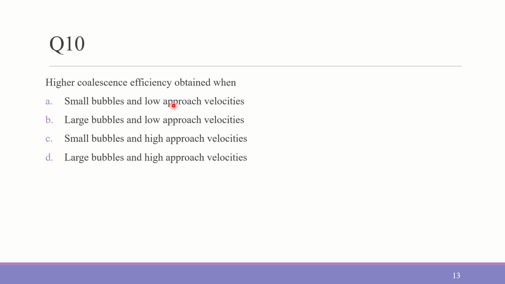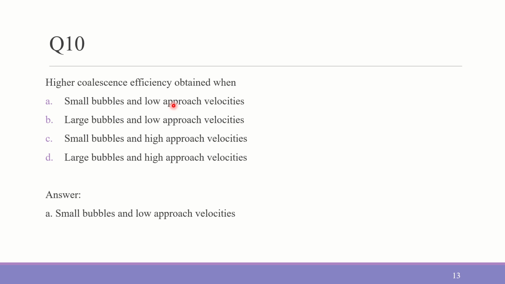But if you have large bubbles and large approach velocities, you will have a low coalescence efficiency. In that way you can remember things. So for higher coalescence efficiency, the answer is small bubbles and low approach velocities. Option A is the right answer. So we have rightly found the answer.